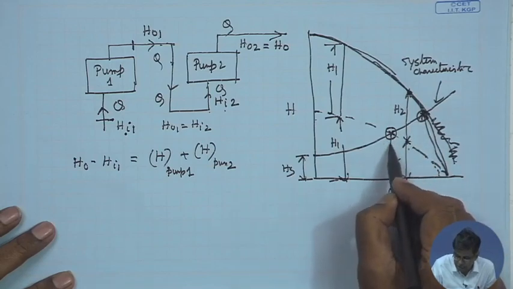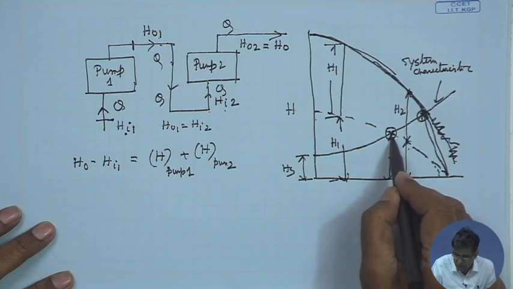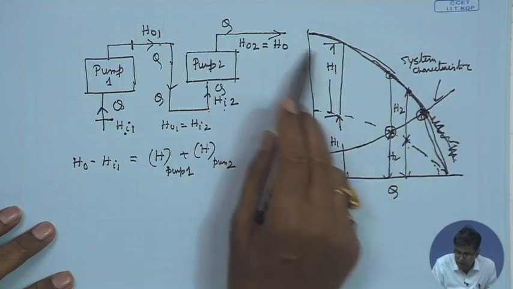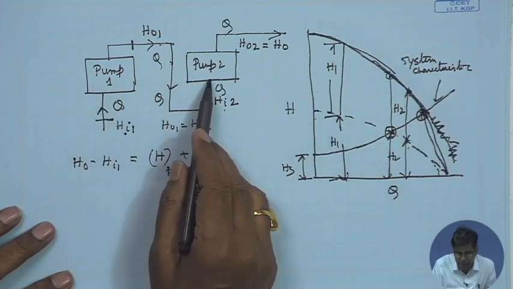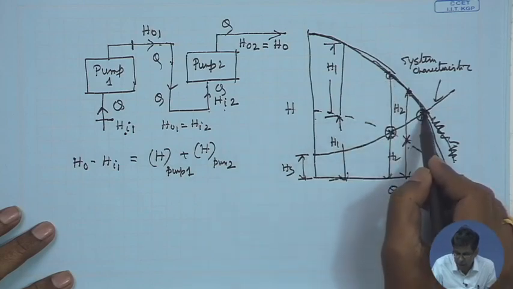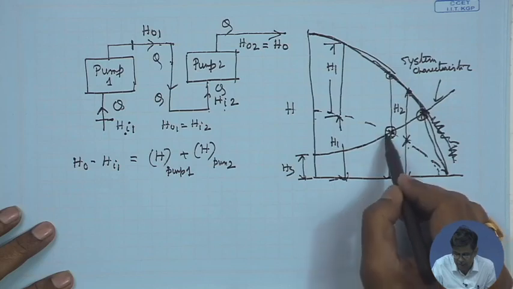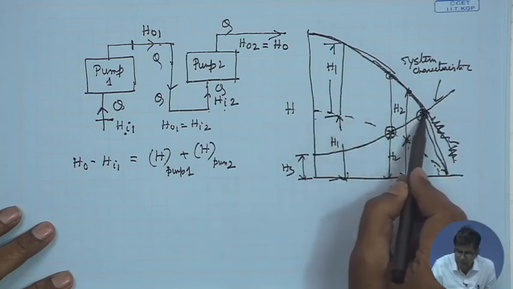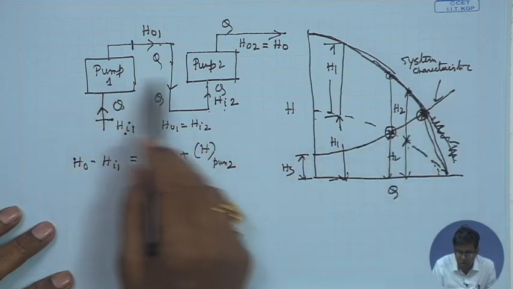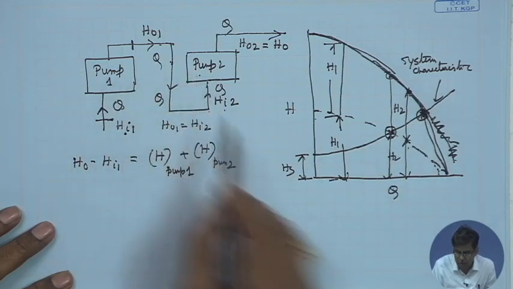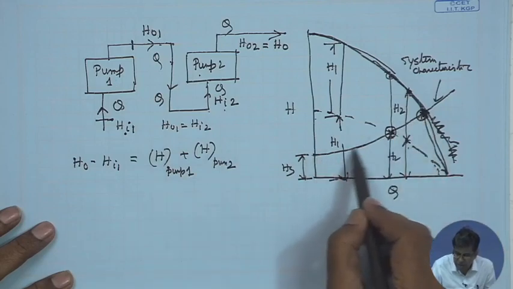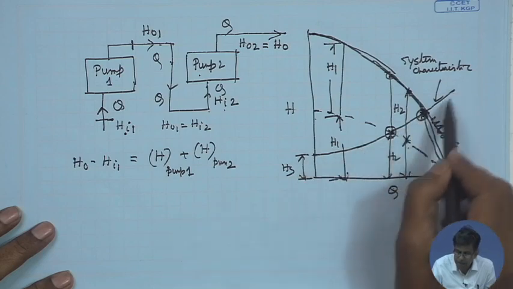For example, here if this be the head of the single pump, the operating head of the combined pump is here, which is not double. That means, though the characteristics for identical pumps in series show the head doubled at a given discharge, at the operating point the head is increased, but not doubled in case of identical pumps. So, increase in head is seen, this head is higher than this. This depends upon the system characteristic curve.